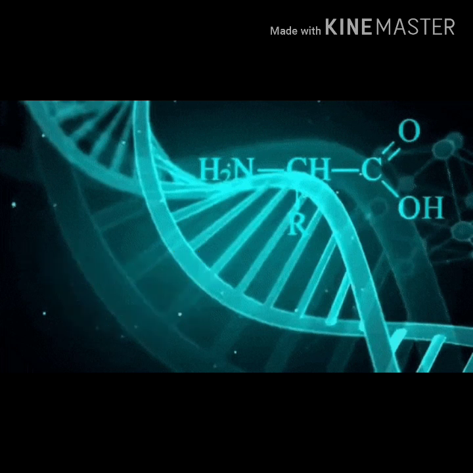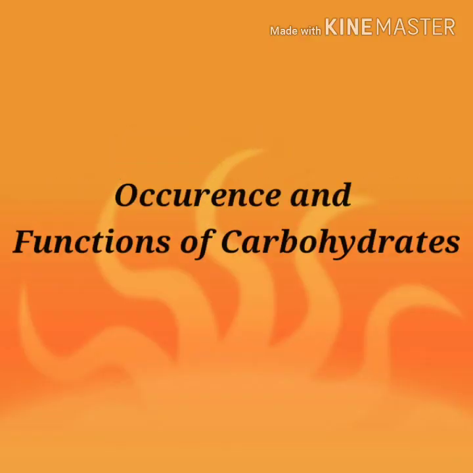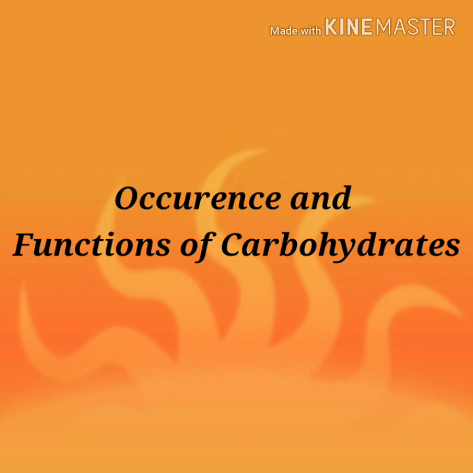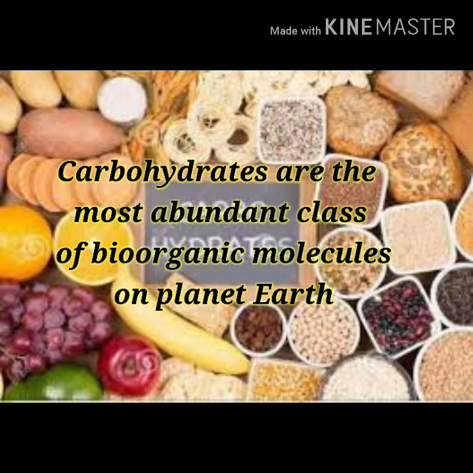So I'm done discussing an overview of biochemistry, and let's move on to the occurrence and functions of carbohydrates. As we all know, carbohydrates are the most abundant class of bioorganic molecules on planet Earth.